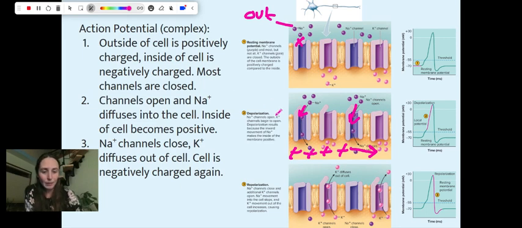So on this last one, we can see our positive potassium going out this way to make the outside positive and the inside more negative again. And that cell is negatively charged again. So the changing of how this cell is charged is going to eventually send a signal all the way down that cell, from the very top of it to the bottom. And we'll see what that looks like.